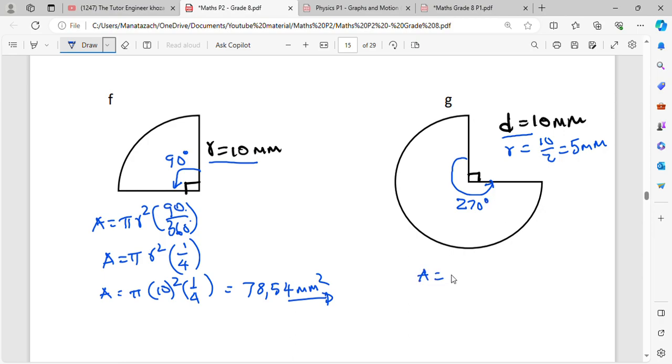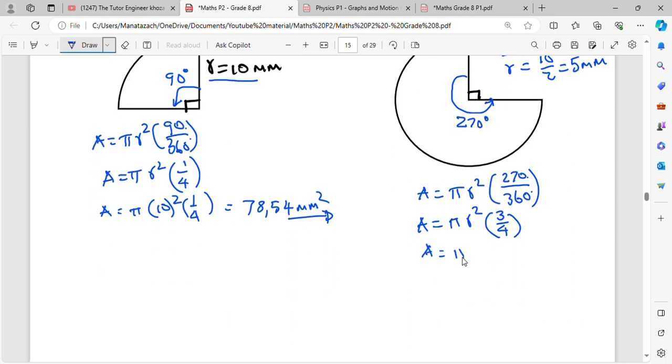So the area formula of the circle is pi times r squared. Since this is 3/4, you'll take 270 divided by 360. Area is going to be simplified as 270 divided by 360 is 3/4.